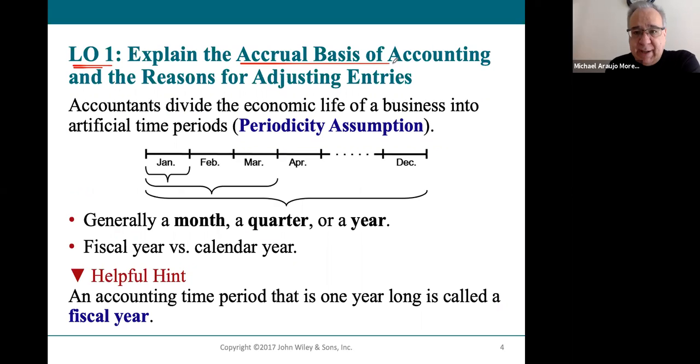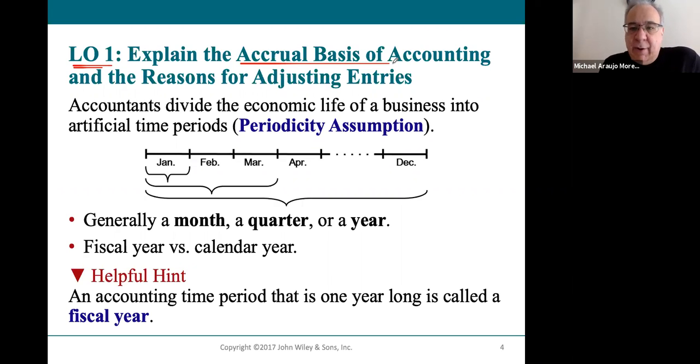They have to recognize things in real time in the period of time that they happened. And so whether or not they collected any money or not is not the issue. They have to just document events in their accounting records that impacted them. And that's basically what you're learning throughout the whole class. It's called the accrual basis of accounting.